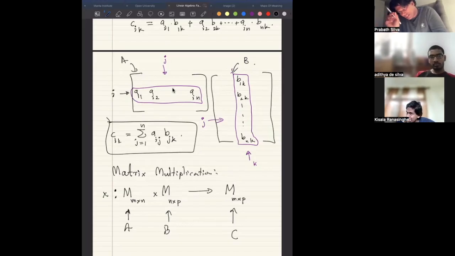And you didn't even need the group to be abelian. If the group is abelian, then the matrices under addition are going to be abelian. Now, can you define the matrix multiplication if the entries are coming just from a group?